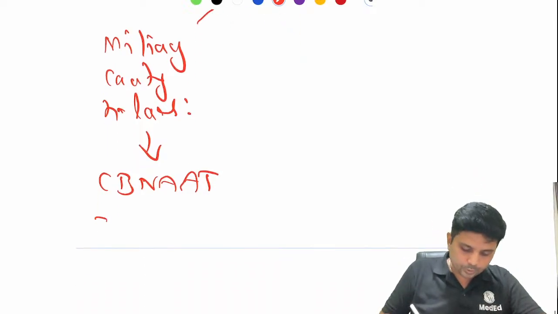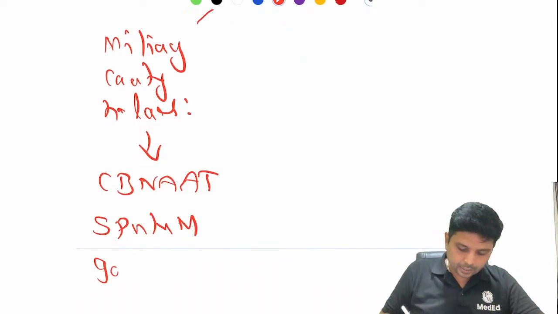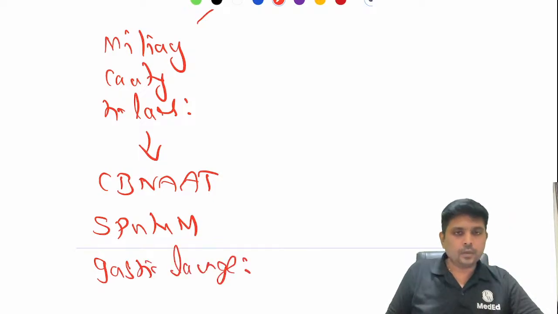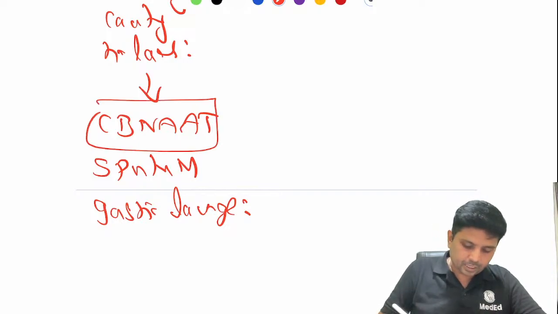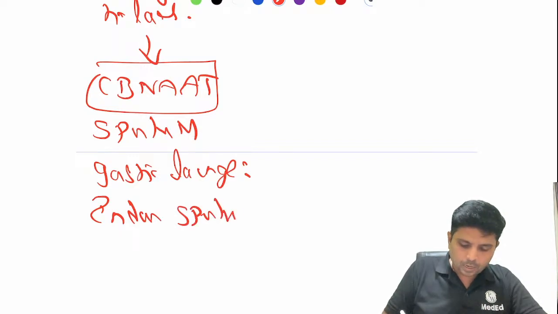Either you can use sputum, gastric lavage, induced sputum, or you can take bronchoscopic lavage.